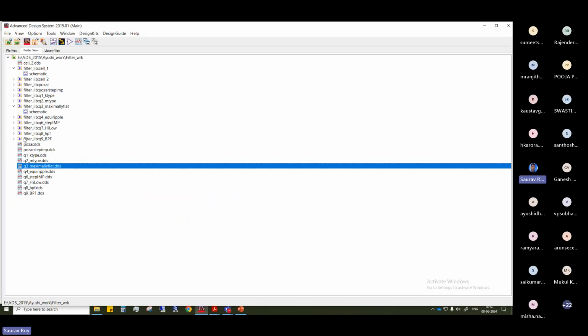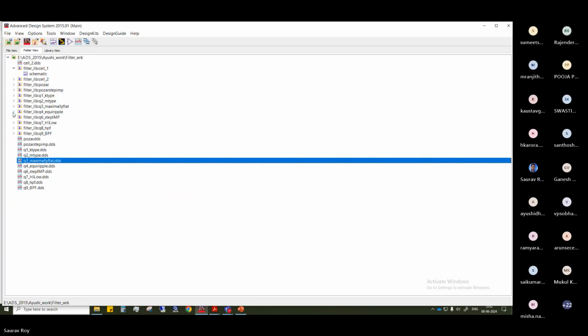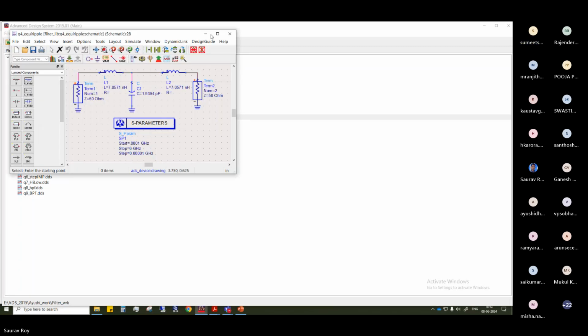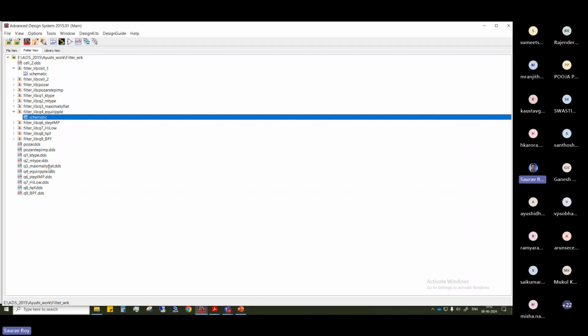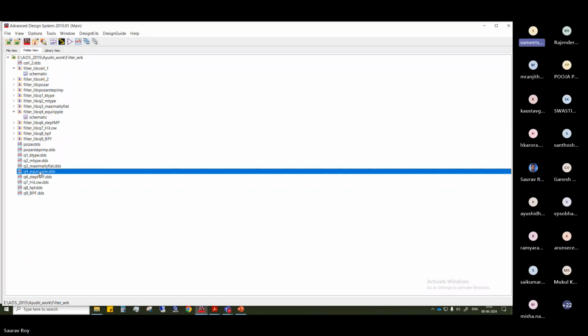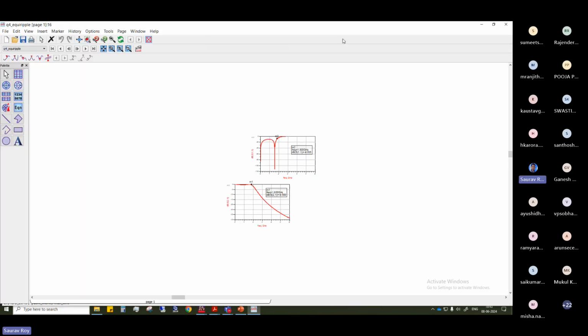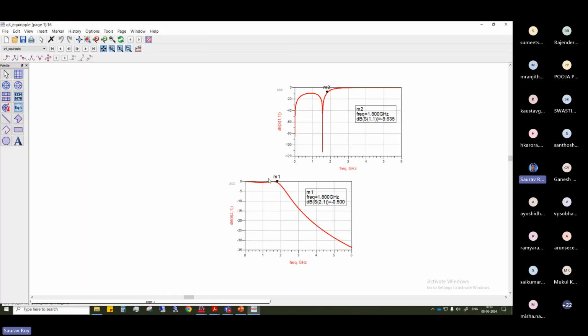Now, if we move to the equiripple section, the filter looks the same because it is asked to be a third order filter, and only the components change. The values of L and C change. Because of that, the response also changes, you see the difference here.